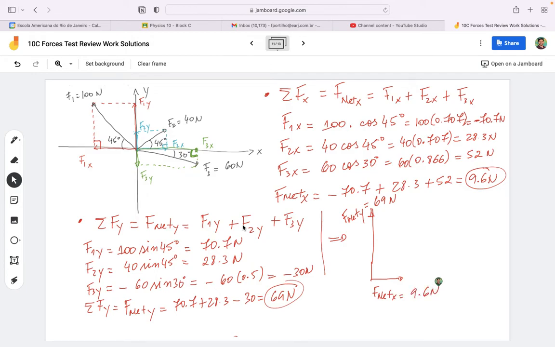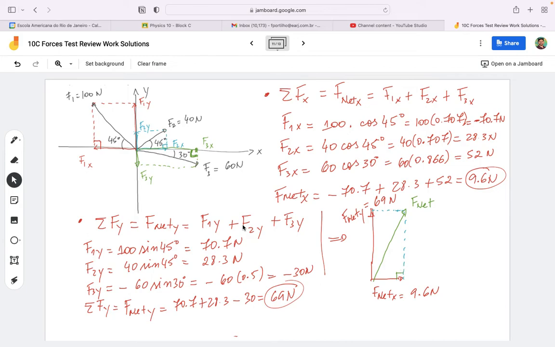So then we apply the parallelogram rule in order to graphically represent the net force. So this is the net force vector. As you can see here, we form a right triangle.